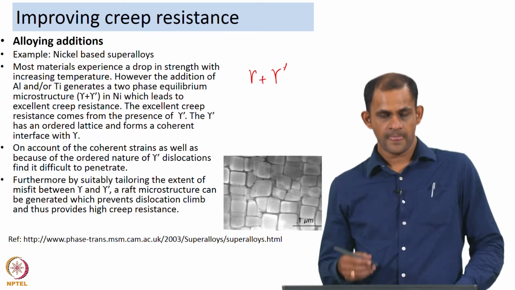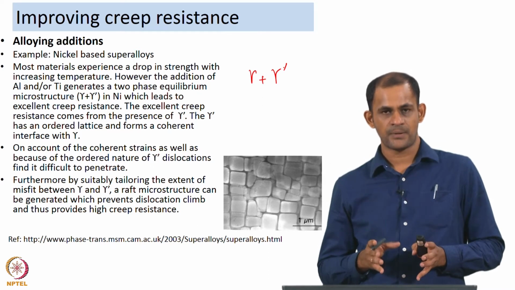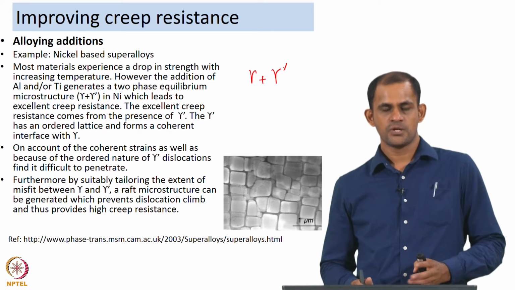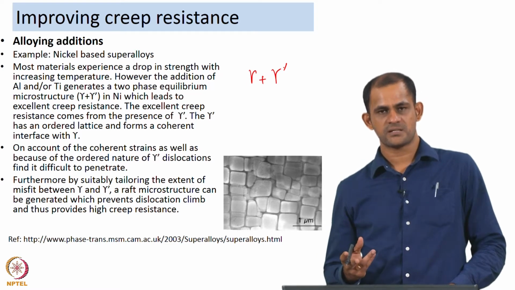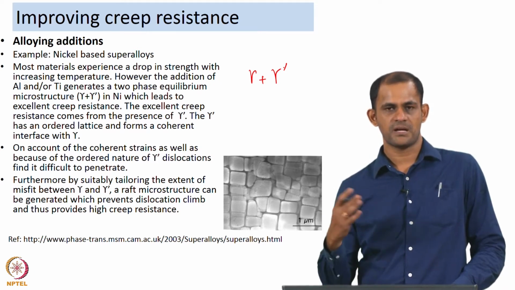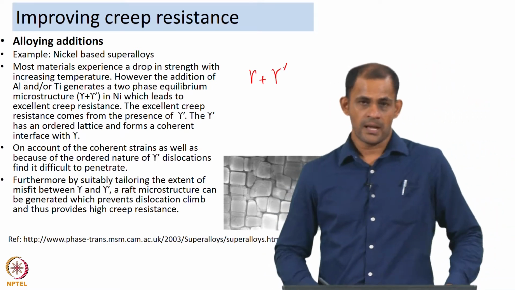gamma dash is an ordered structure, and the gamma dash forms a coherent interface with gamma. So, the coherency strains lead to strengthening of the material to start with. That is why gamma dash helps in the improvement in strength of the material.